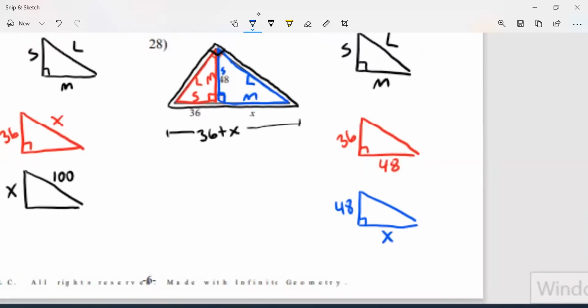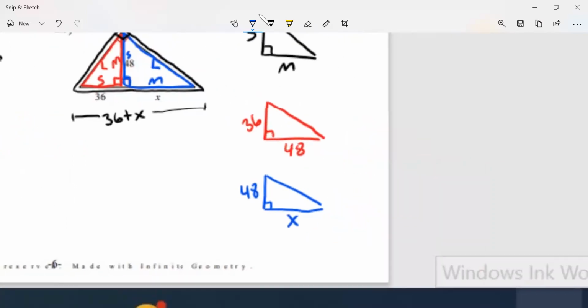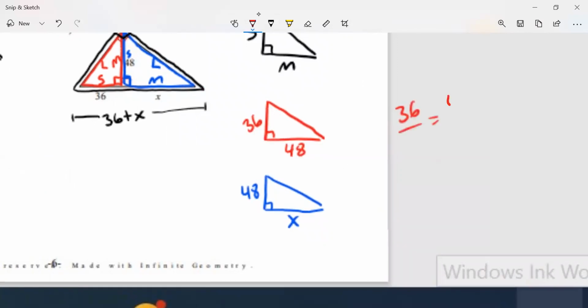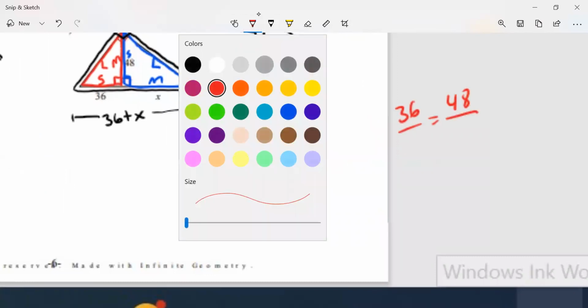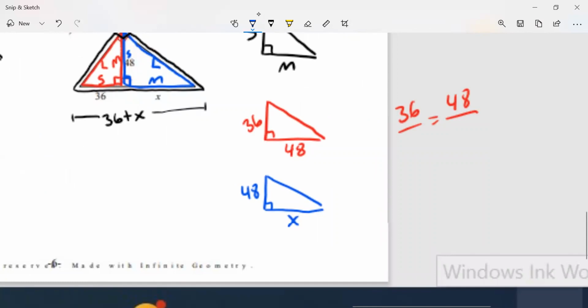And for my large side, I'm going to leave it blank. From the red triangle, I'm going to use 36 and 48. From the blue triangle, 36 goes with 48, and then 48 goes with x. I'm using corresponding sides. I used red and blue so you know which triangle I got those measurements from.